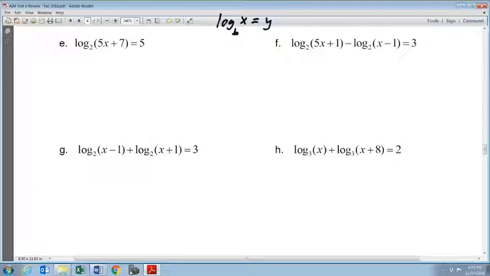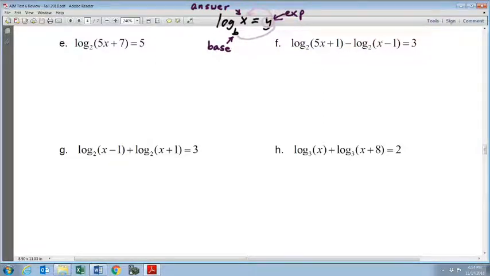We have to notice what I wrote up at the top there, log base b of x equals y. That's logarithmic form. We can change this to exponential form. We know that b is the base, y is the exponent, and the x is the answer here. And so we just need to be careful and make sure we change to the exponential form correctly.